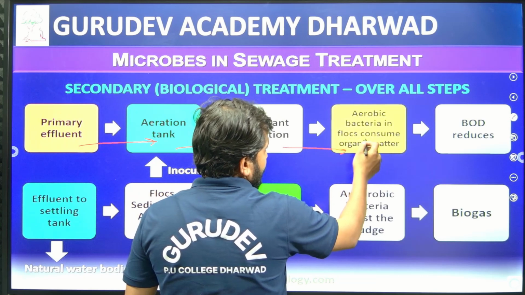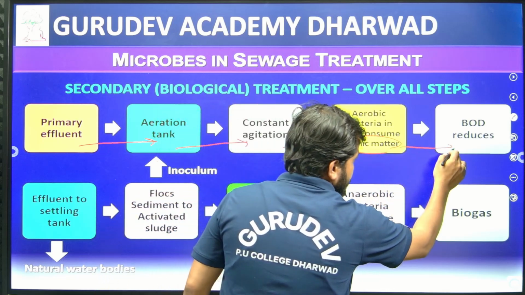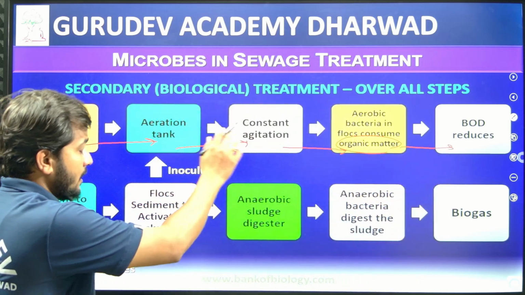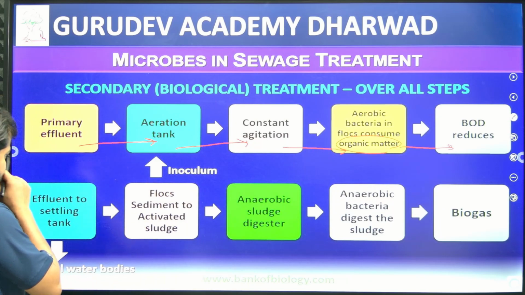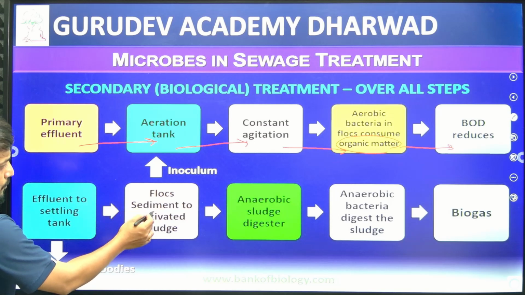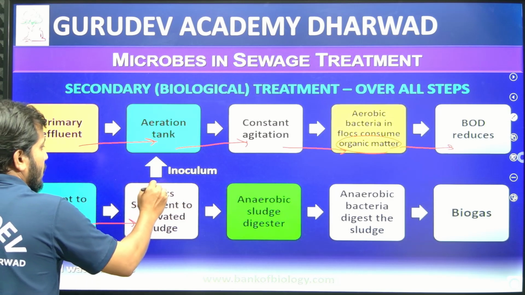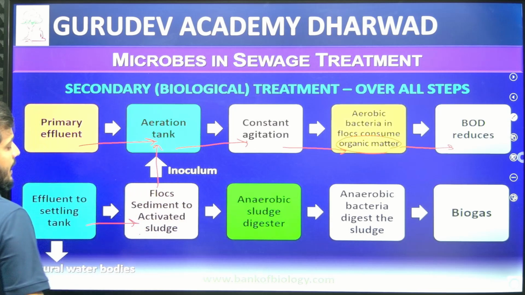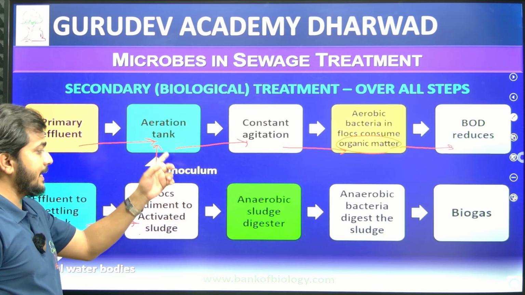Aerobic bacteria in flocs consume the organic matter, which reduces the BOD. From there the effluent goes to the settling tank, where flocs sediment to activated sludge. From the activated sludge, a small amount of sample, called inoculum, is passed on to the aeration tank.